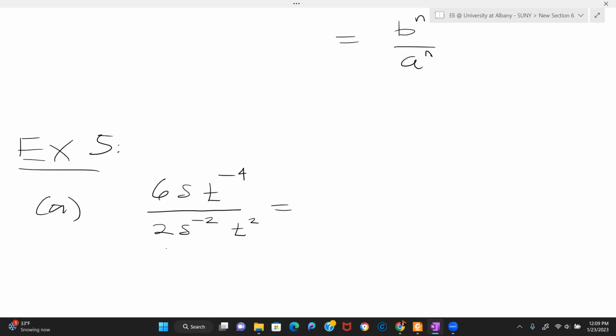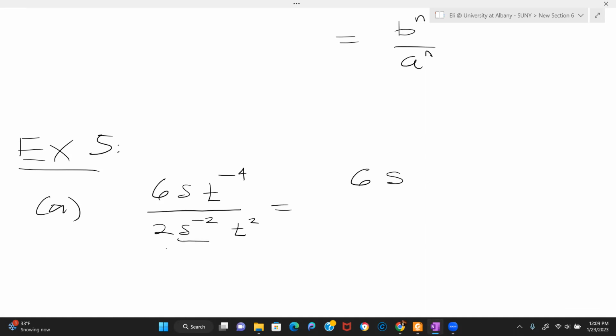So when you have this negative, that means you just flip it into either the numerator or the denominator. You put it in the opposite spot in a sense. So I have this t to the negative fourth, that's going to go in the denominator and become t to the fourth.